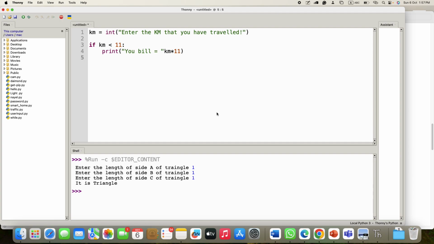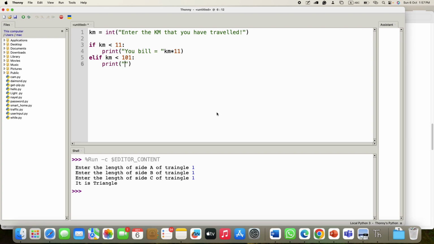But, elif kilometers are less than 101, because 10 plus 90, that's the next cohort, isn't it? Right? So in this case, it's again simple. How?